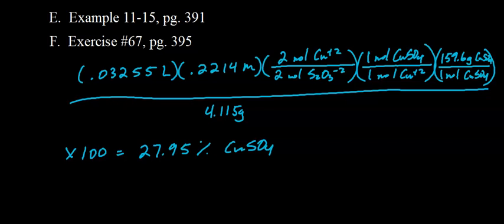And then we can convert to grams of copper(II) sulfate. It's something like 1-something grams of copper(II) sulfate in that total 4.115 grams of the mixture. Take that, multiply by 100, we get 27.95% copper(II) sulfate, and the rest would be potassium iodide.